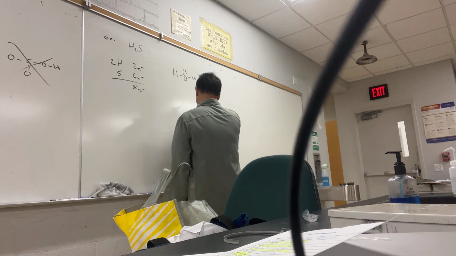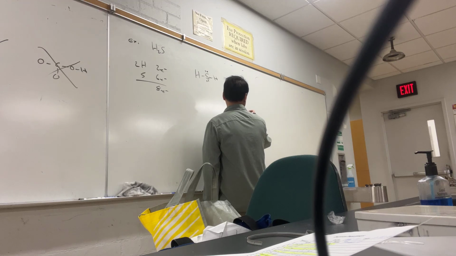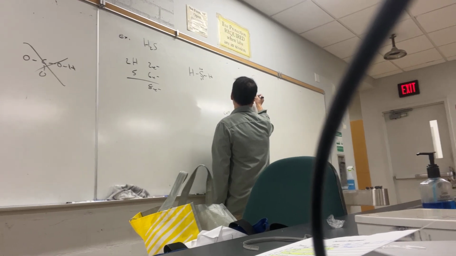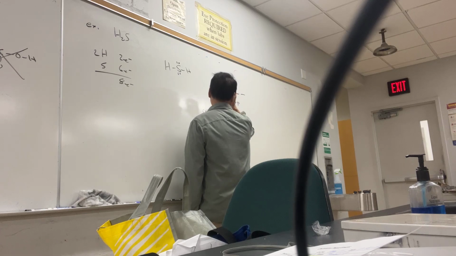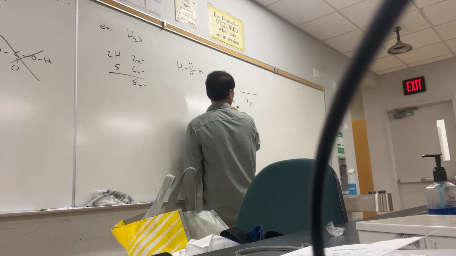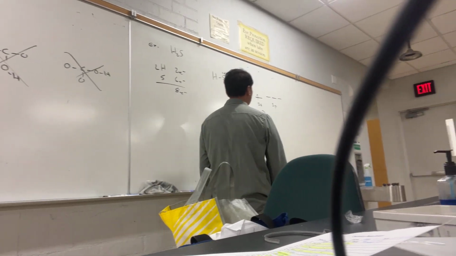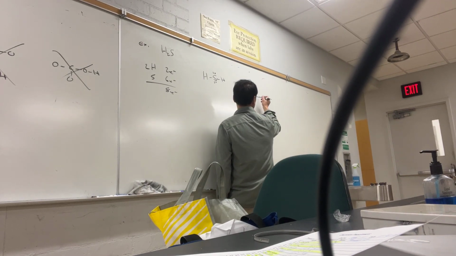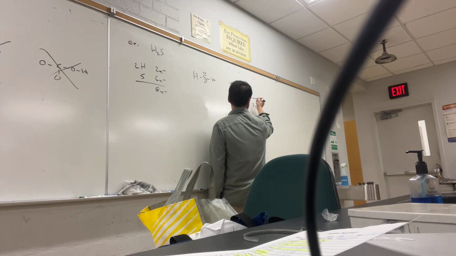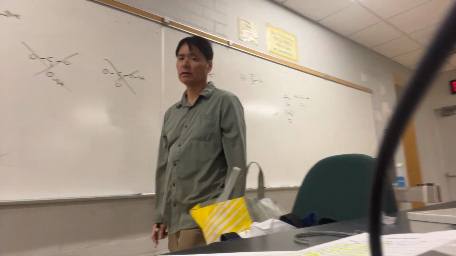Now, the Aufbau principle says to fill the lowest energy orbitals first, and then 1, 2, 3, 4, 5, 6. That's it. So right off we see that sulfur should only form how many bonds? It should only form 2 bonds.